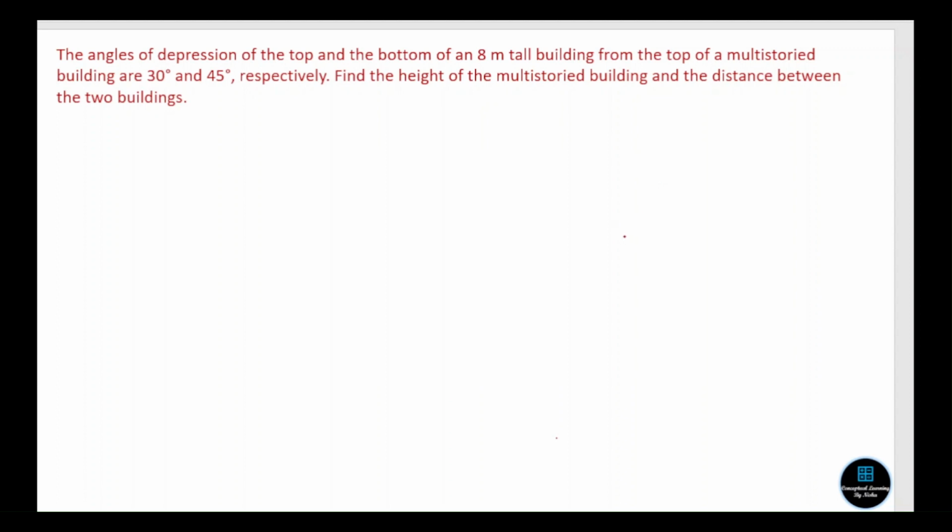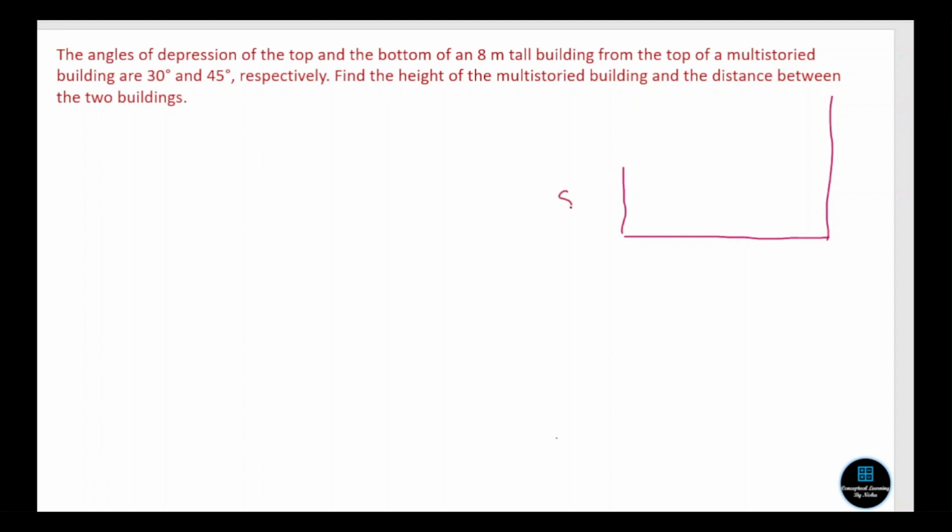So first of all, I'll make this horizontal, the ground. Now one building is shorter and one building is taller. We'll figure it out. Okay, how? Let's understand. Now the angle of depression of the top and the bottom of the 8-meter tall building from the top of the multi-story building means what?